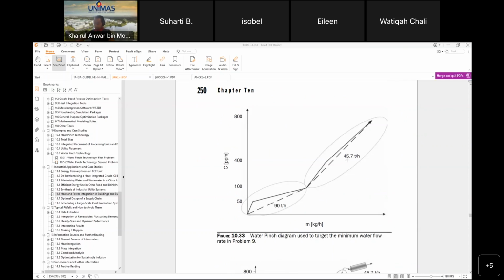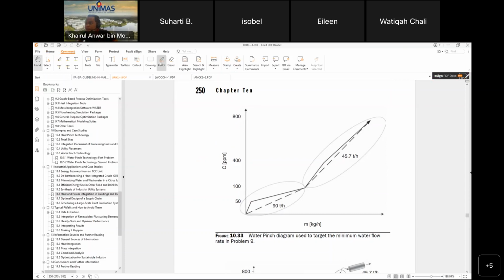To calculate the 45.7 ton per hour, you need (41 minus 9) over (800 minus 100). 800 is here, 100 is here.